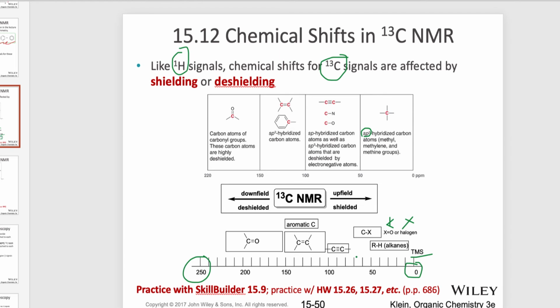When it comes to the aromatic region down here, carbon charge on the oxygen, resonance helps us understand why we are de-shielded. So understand the shielding and de-shielding effects.